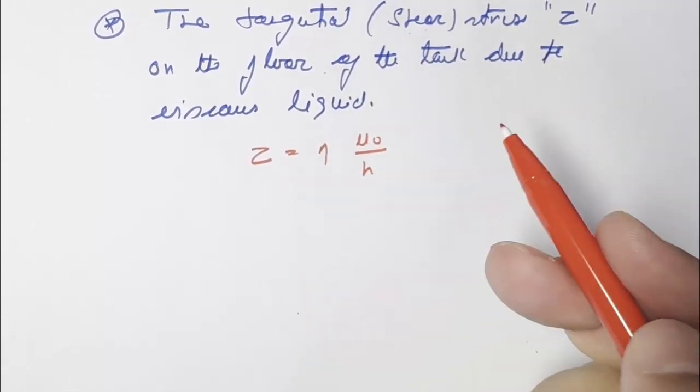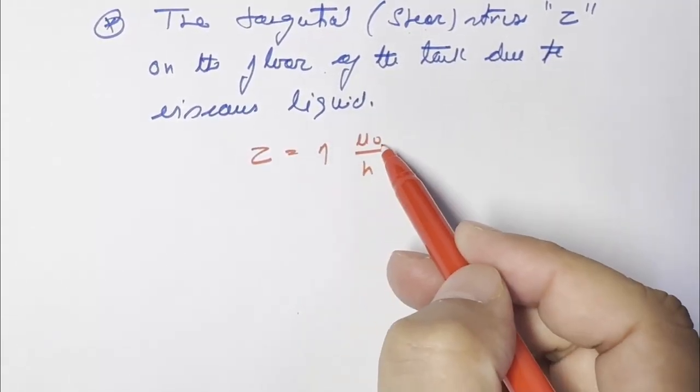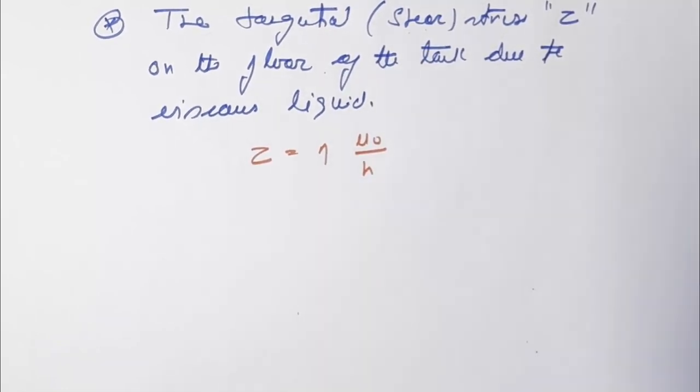The parameter descriptions are the same: nu is the viscosity, u0 is the velocity, and h is the height.